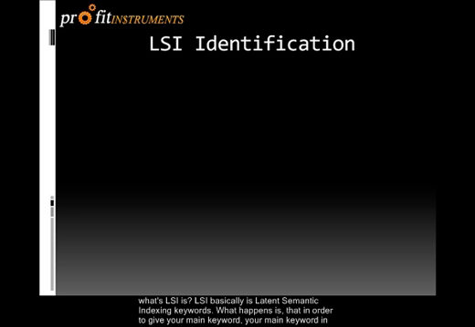What happens is that in order to give your main keyword, which in this case is your PNK, a boost and let Google know that your website is about your main keyword only, what these LSIs do is that they give some sort of weight, some sort of push to your main keyword, so that whenever Google comes to your website, it finds your main keyword as well as all your LSI keywords, and then it figures out that your website is totally about your main keyword, and then ranks it better than most other sites.